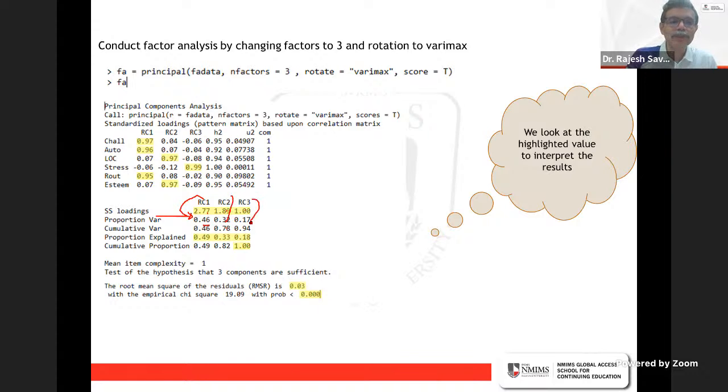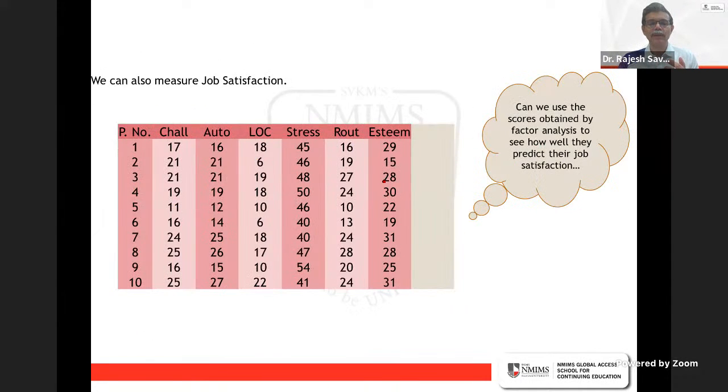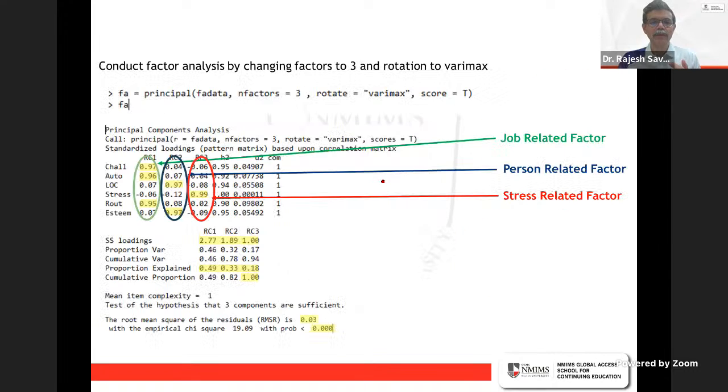That is proportional, right? And the rest 0.06 is unexplained. We need 100% explanation, right? RC1's proportion is 0.46, RC2 is 32, RC3 is 17, and the rest 6 is not explained.